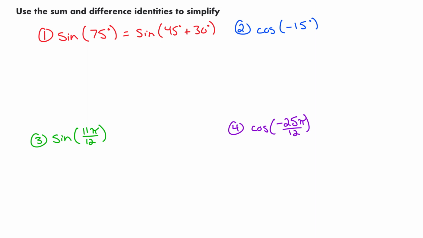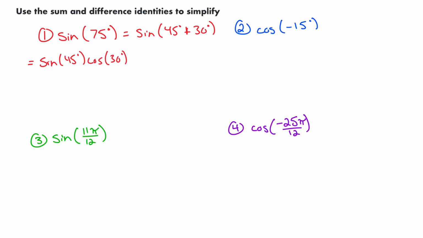So once I do that and I run that through the sum identity for sine, I will get a new trigonometric expression filled with trig values that I can find. Because according to the identity, that is going to be equal to sine of the first angle times the cosine of the second angle.